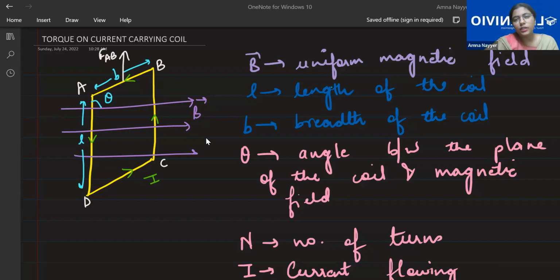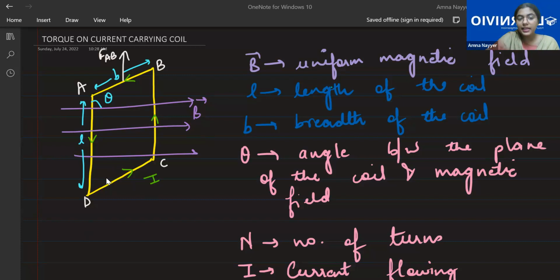Not exactly downwards. See, I'll tell you. The green part shows the direction of current. Here the current is flowing downward, so you will also put the hand downwards.